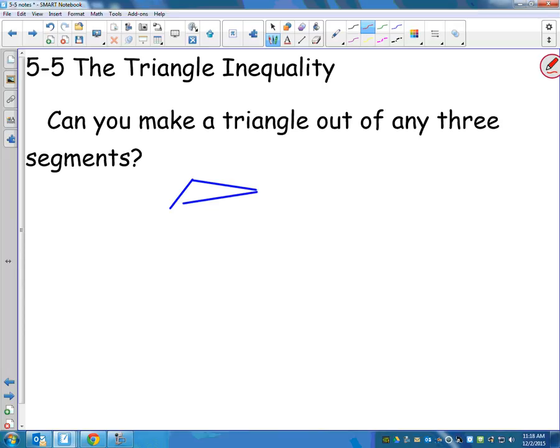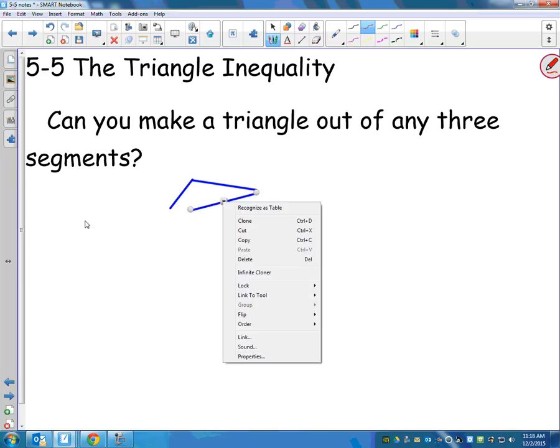How you rotate? Rotate. So let's flip it.